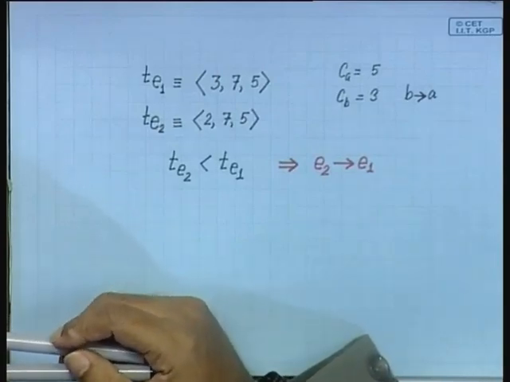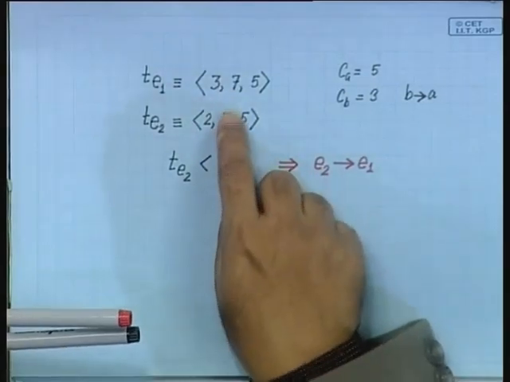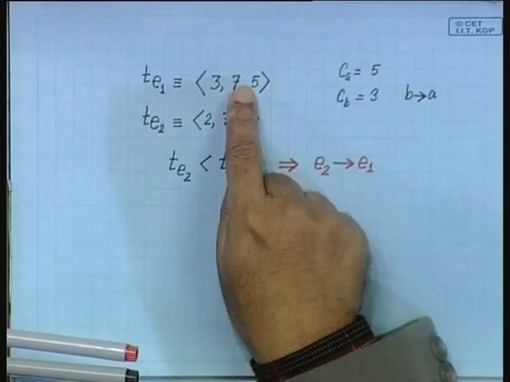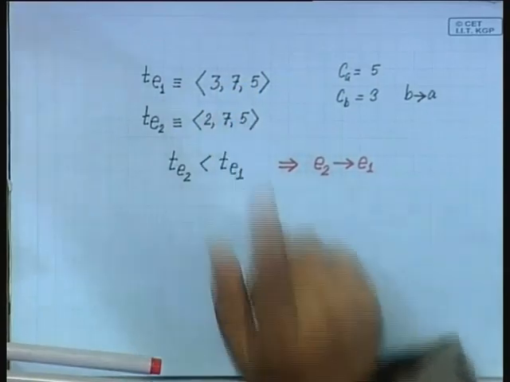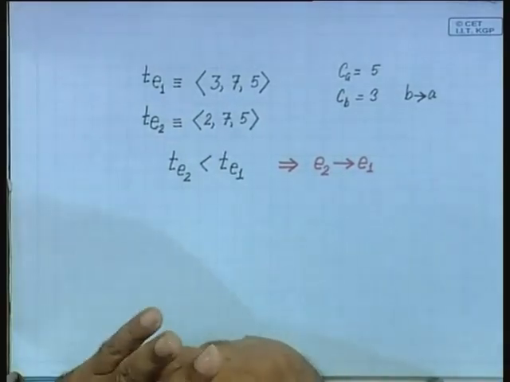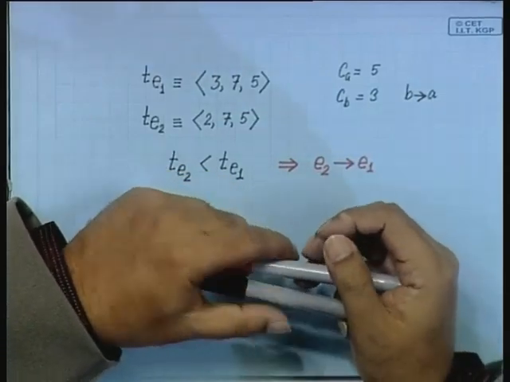Because of local increment, how could this happen? Every time an event occurs, only the ith dimension will get incremented. If there is an event in Pi, then the ith dimension of the clock will get incremented, right. So, what can we say about these two?